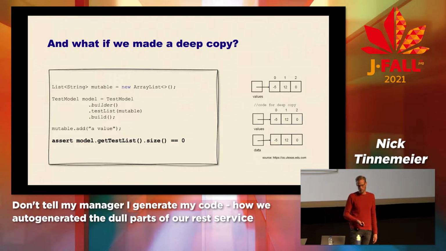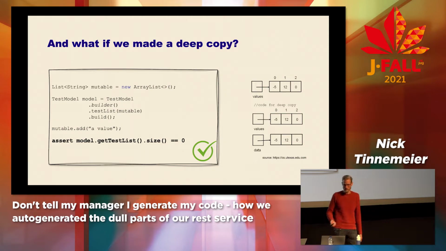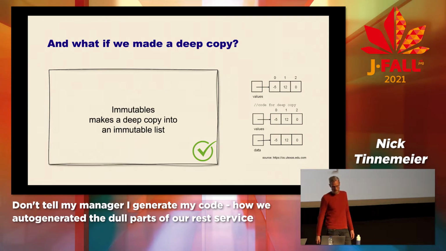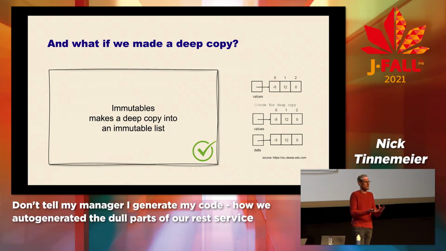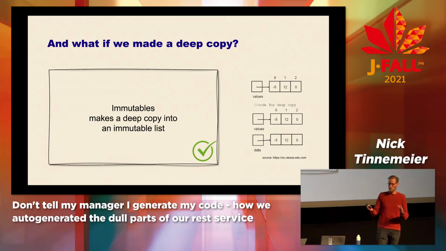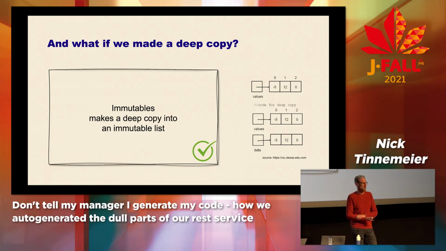And what if we made a deep copy? Then it will pass, because you have your own private view of the list, your own private instance. It's good to know that Immutables does make a deep copy and wraps it in an immutable list. Of course this comes at the price of a bit of performance, but as you've seen, the Jackson annotated objects, which we like to convert to our domain model, are mutable.